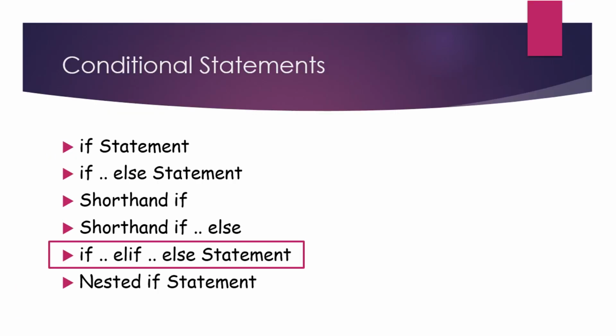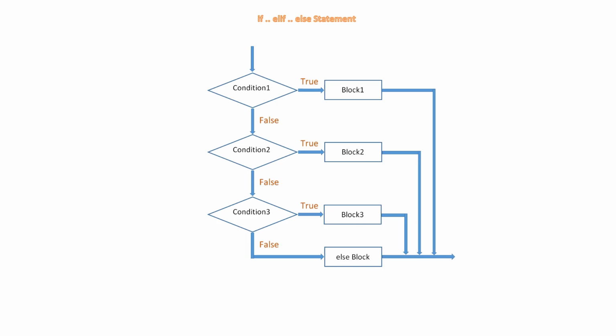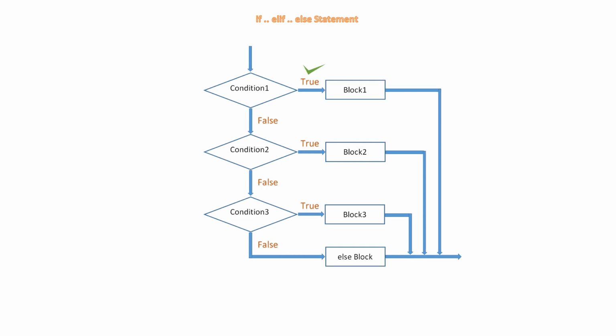If elif else statement. Here a user can decide among multiple options. The if statements are executed from the top down, just like moving down a ladder. As soon as one of the conditions controlling the if is true, the block associated with that if is executed, and the rest of the ladder is bypassed. For example, if the output of condition 1 is true, then block 1 will be executed, and other blocks will be bypassed.